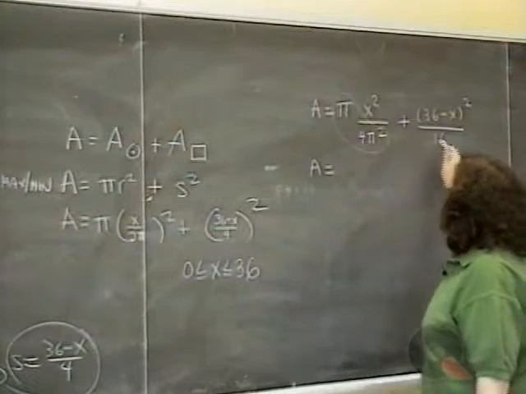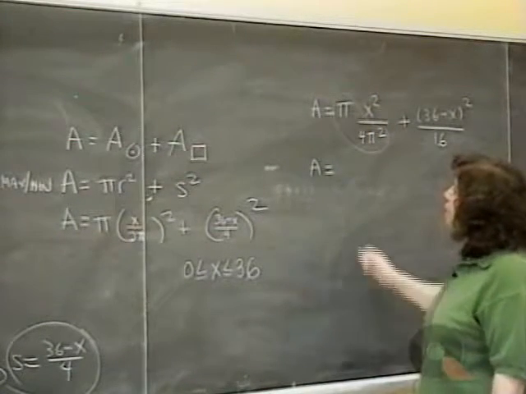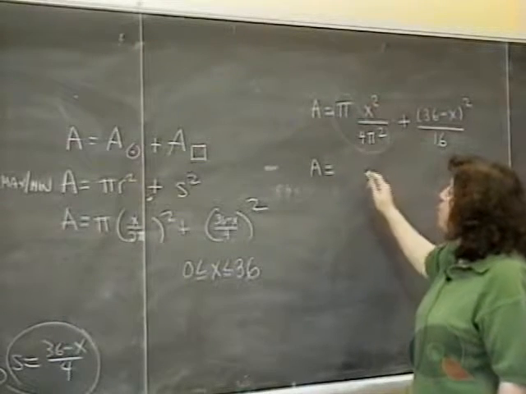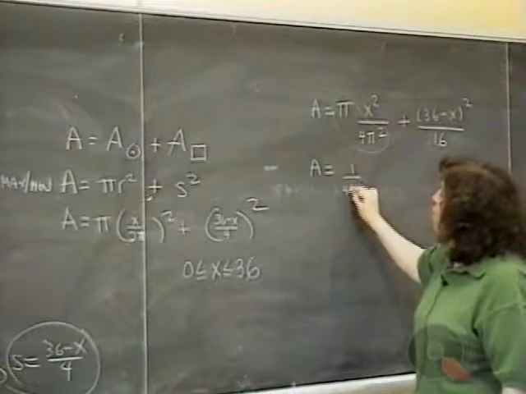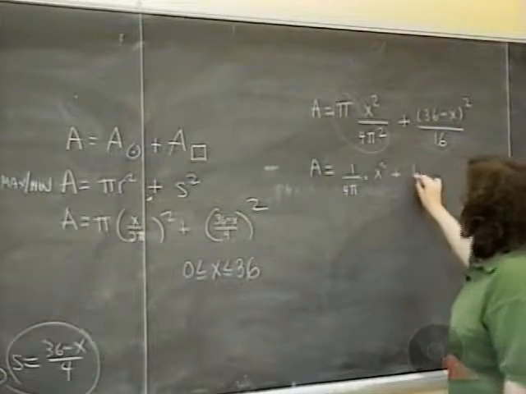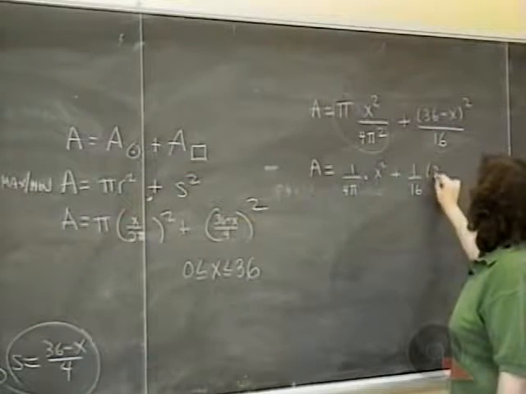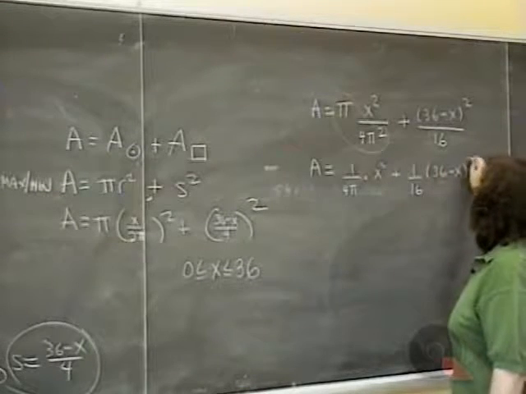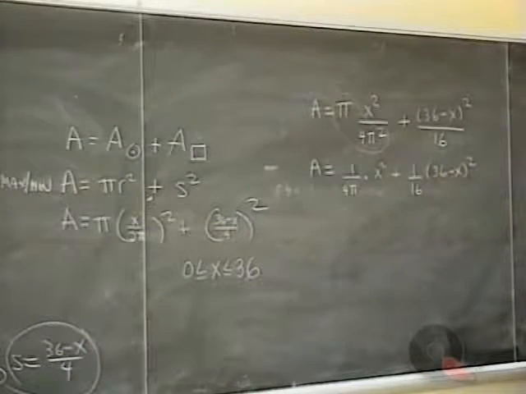These are constants. So let's write this. Pi over 4 pi squared is 1 over 4 pi, times x squared, plus 1 over 16 times (36 minus x) squared.